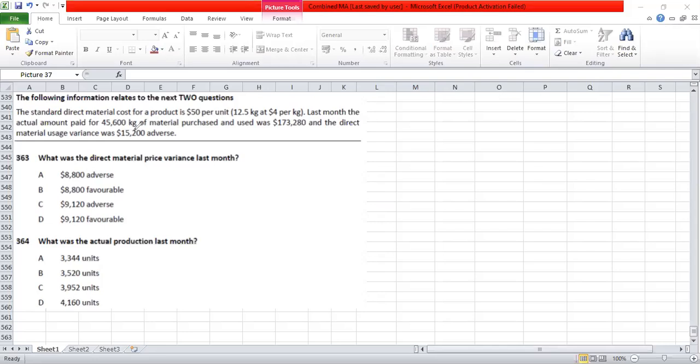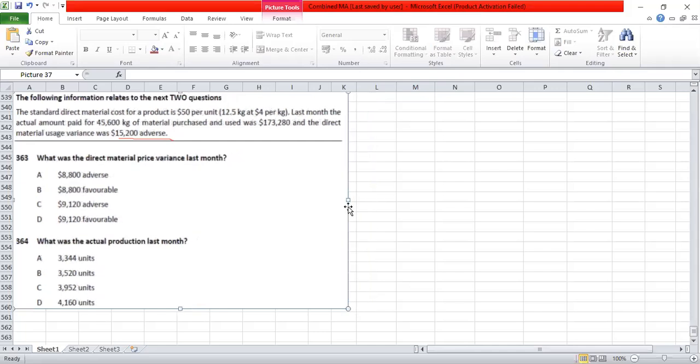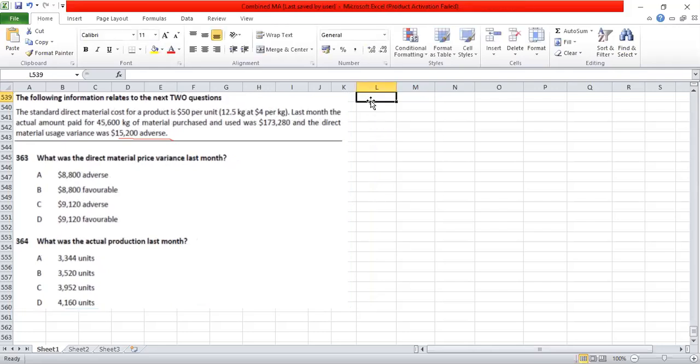The usage variance is already calculated and it is 15,200 adverse. The first one we are asked to find is the price variance. The second one is about the usage: what was the actual production last month? But first let's start with question number 363.